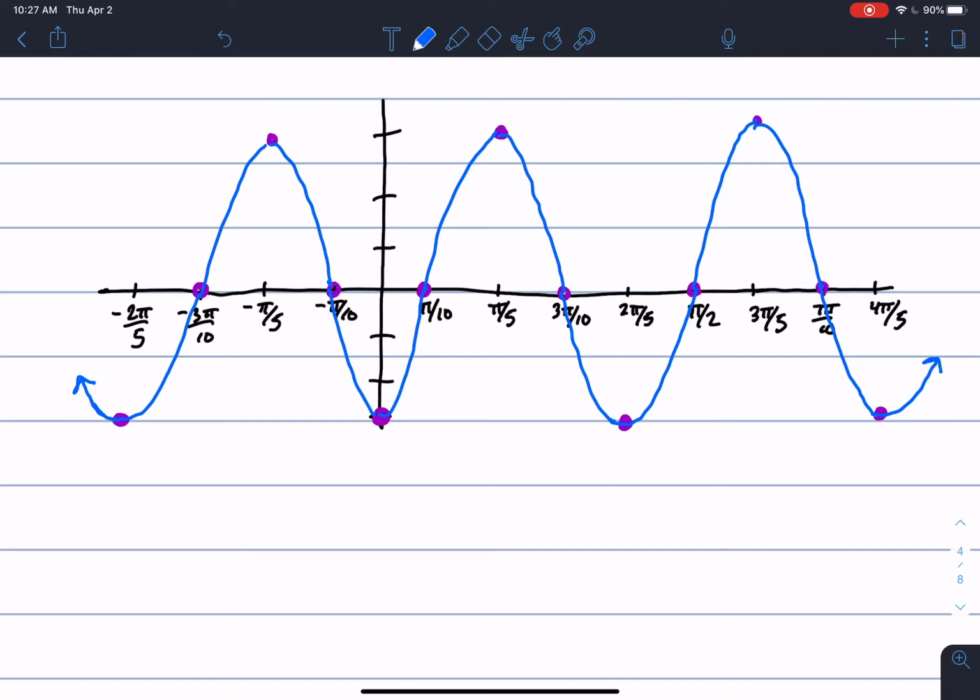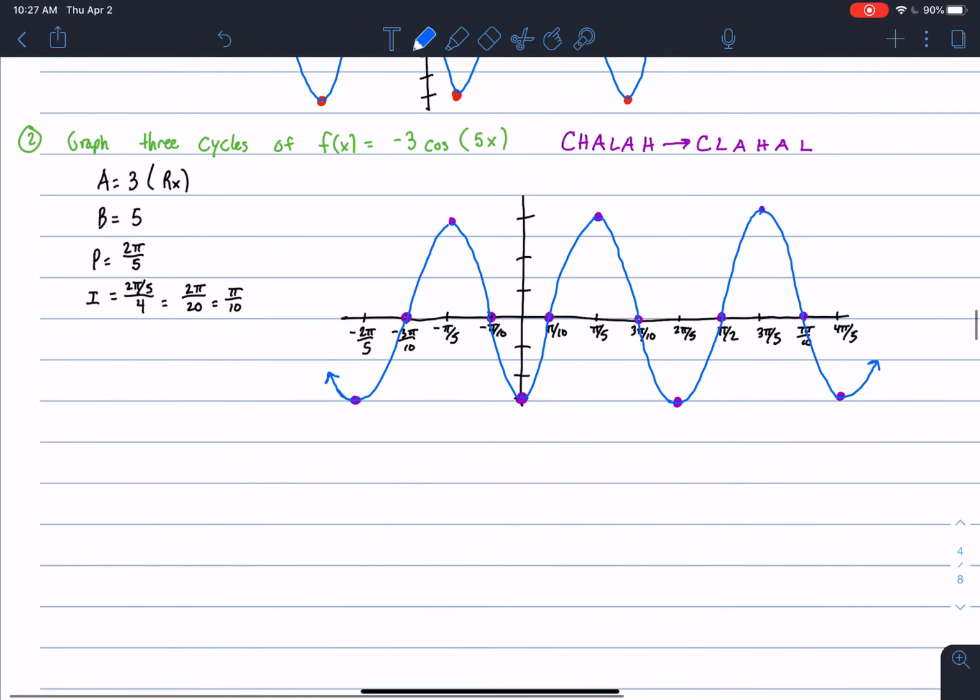So that would be a cosine graph with a reflection over the x-axis. If you guys have any questions, please let me know.